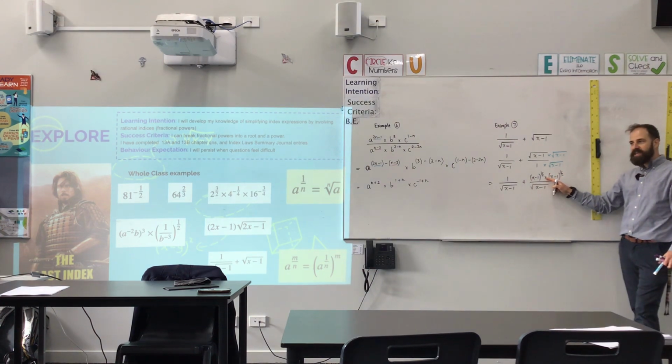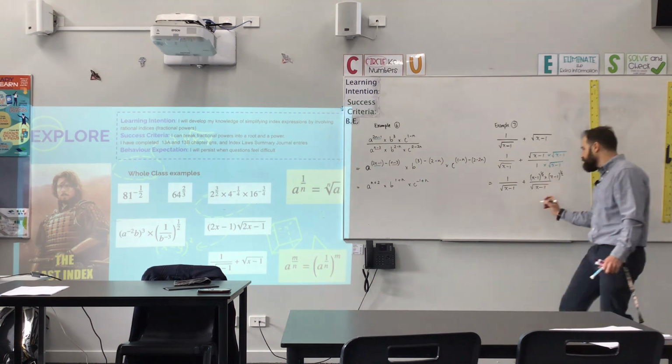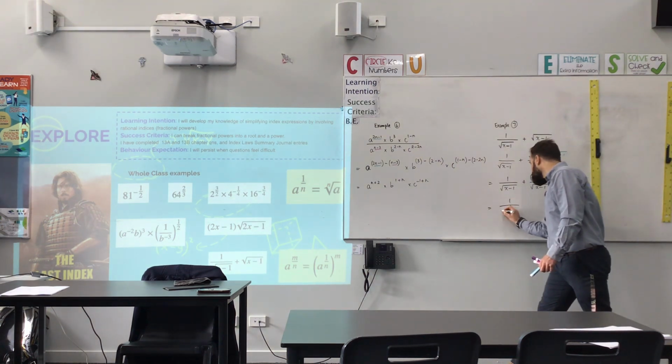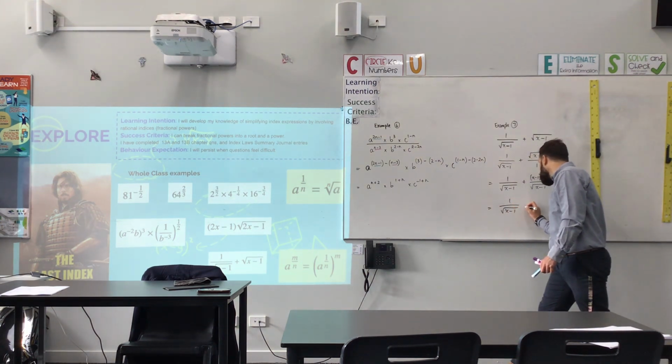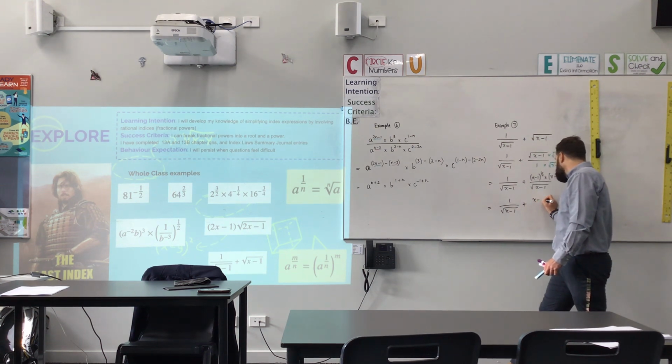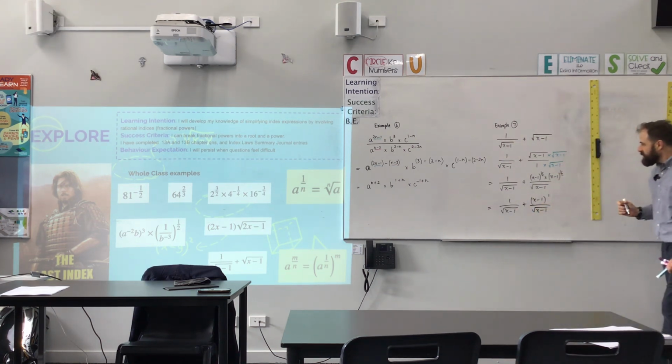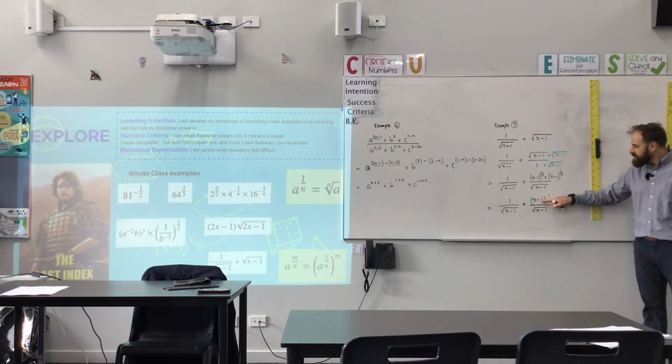Now I can use my index laws. I keep the base, add the powers. Okay, keep the base, x minus 1, a half plus a half is equal to 1.